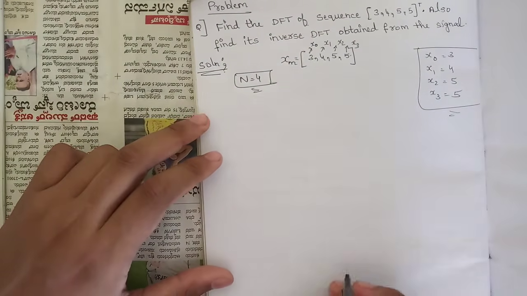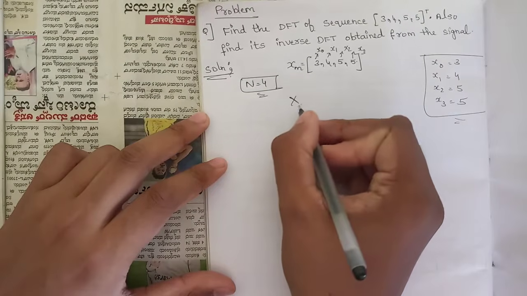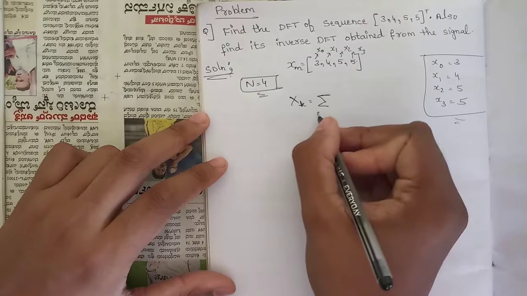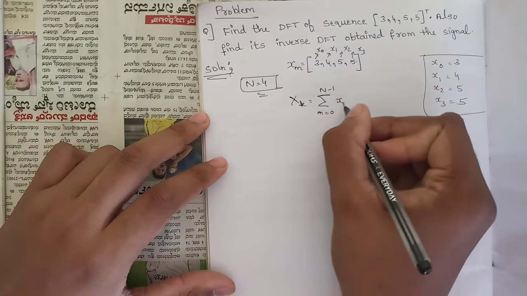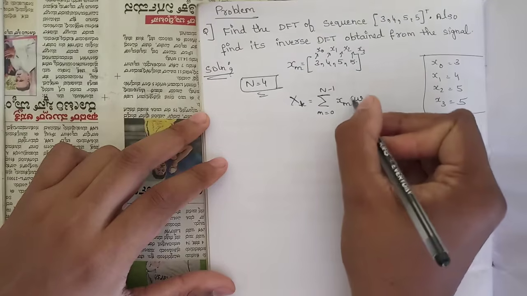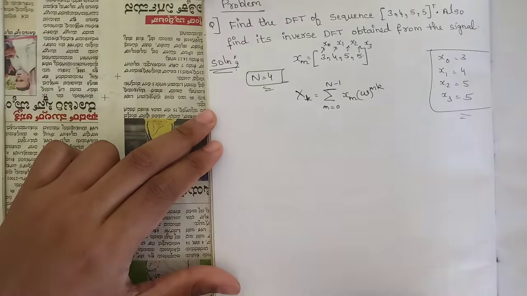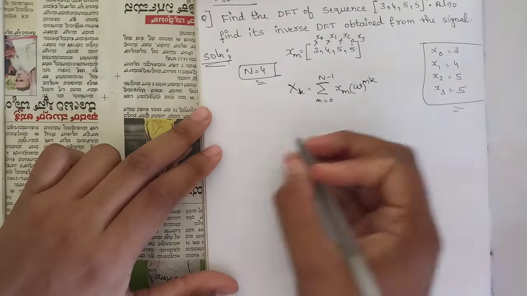Now the formula given to find the DFT, we know that it is capital Xk is equal to summation for n tending to 0 to N minus 1 of xn into omega to the power nk. So first we need to find the value of omega. Let's do that first.